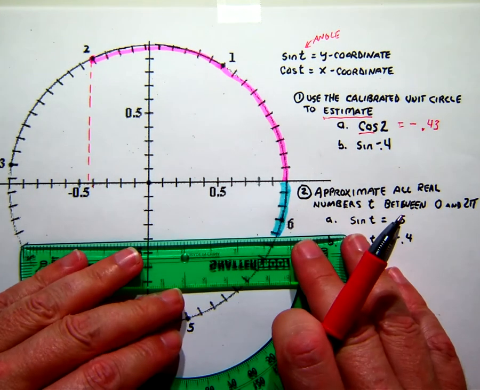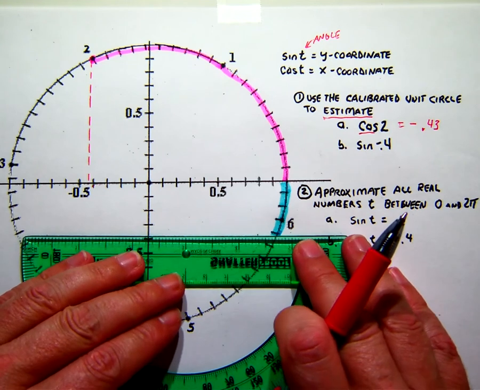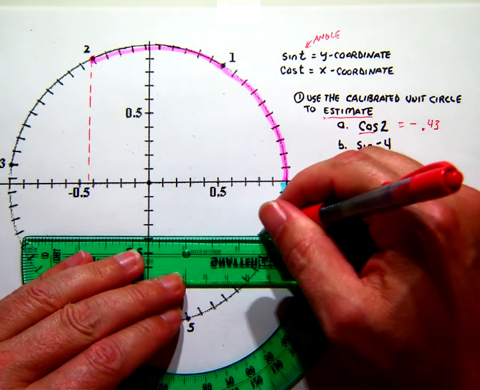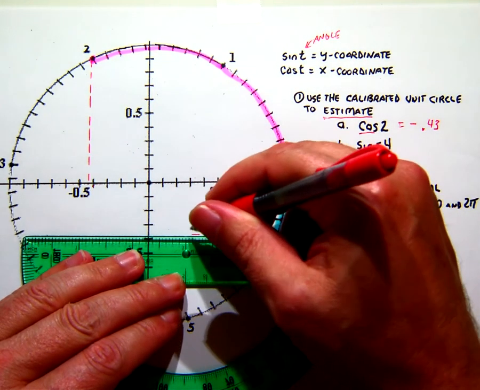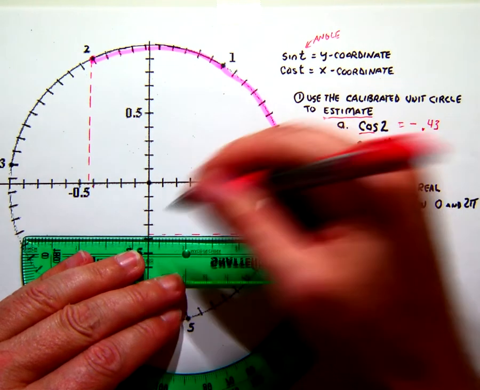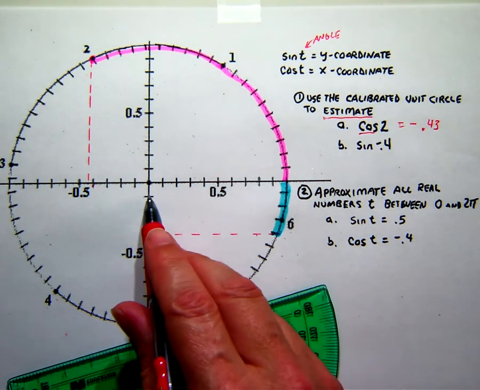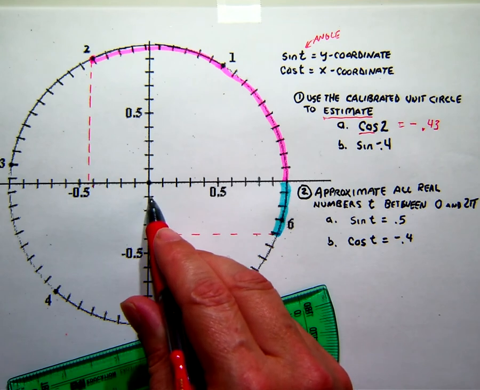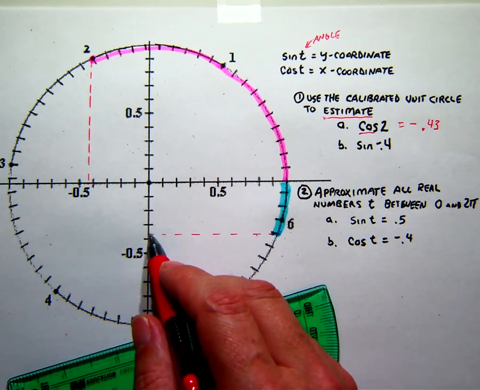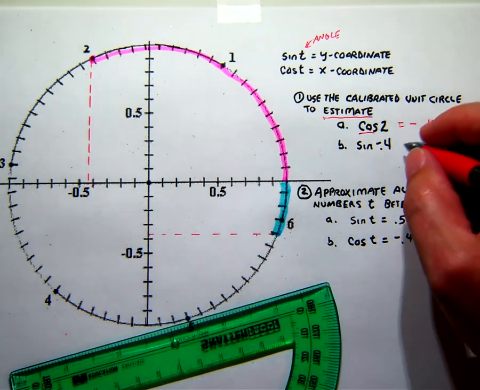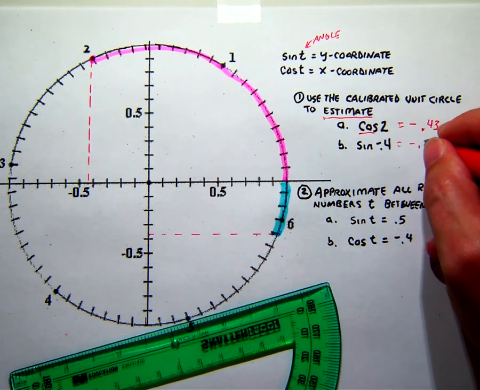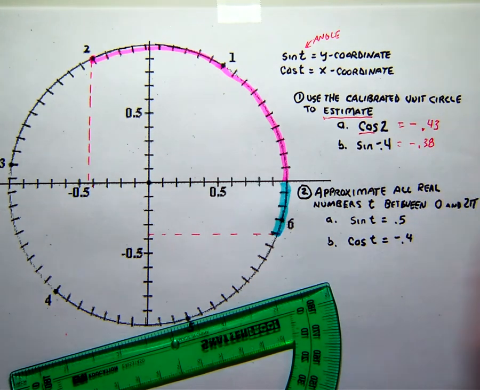So from that notch, come straight over to the y-axis. That's a little crooked. That's not too bad. So it's a negative 0.1, 0.2, 0.3, 8. Negative 0.38. Again, just an estimate.